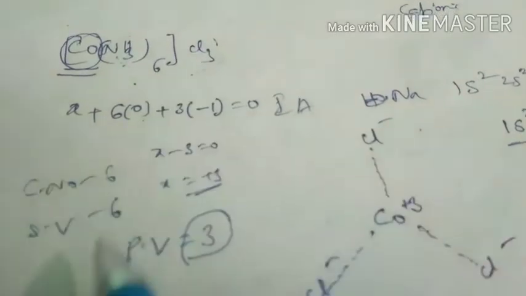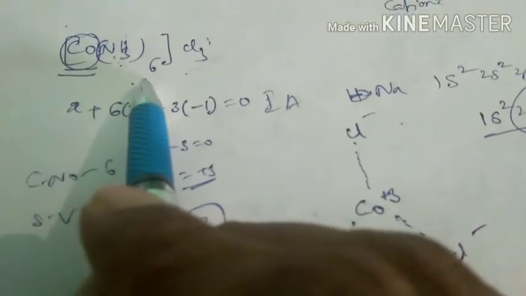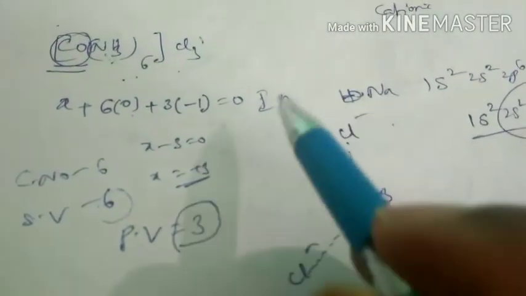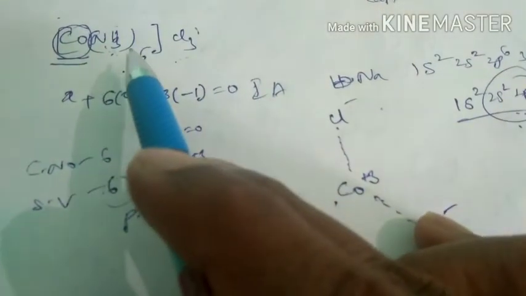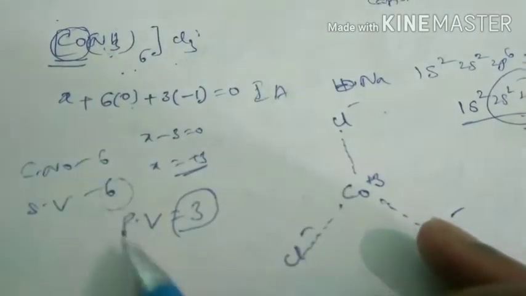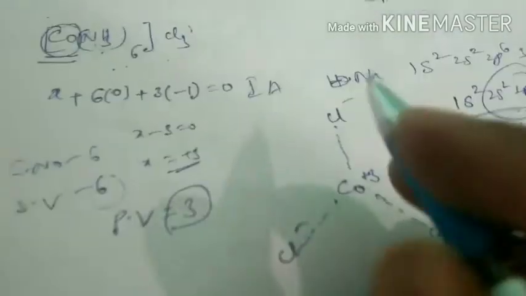Now our point is what? This secondary valency is satisfied by neutral, negative, or positive ligands. So here no need to consider negative because already 6 neutral ligands are there. So we can draw the secondary valency structure by using neutral ligands.